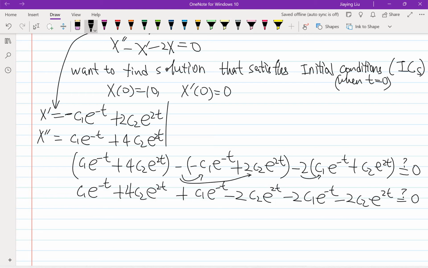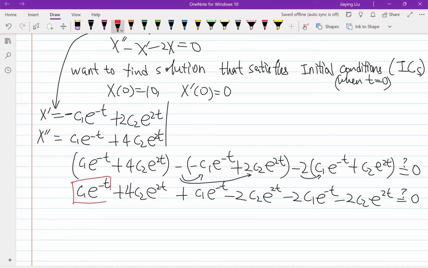To be honest, I'm being a little bit lazy, so I don't want to write down the full form. So I kind of just look at it. So looking at the e to the negative t term, I have c1 here. Then I have another positive c1, so that's positive 2c1. But then I minus 2c1, so the e to the negative t term, right? So let me box those.